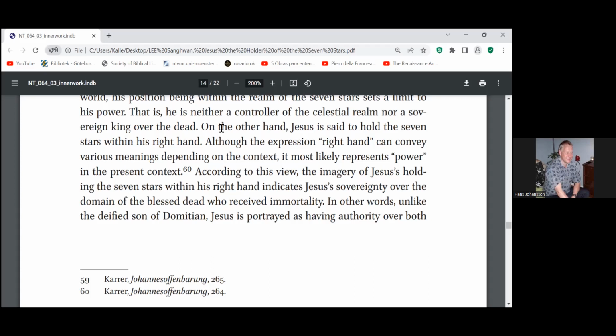On the other hand, Jesus is said to hold the seven stars within his right hand. Although the expression right hand can convey various meanings depending on the context, it most likely represents power in the present context.